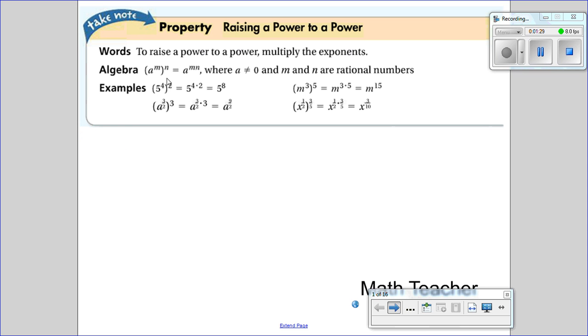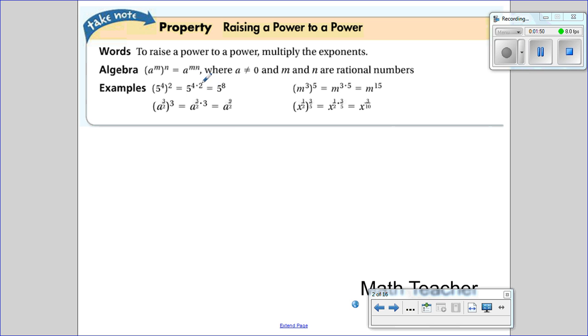And that leads us to the rule. If you have some base a raised to the m power raised to the n power, the answer is a raised to the m times n power, as long as a is not 0 and m and n are both rational numbers.